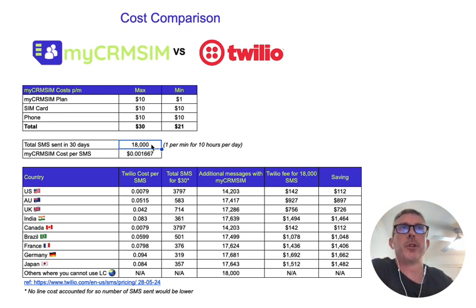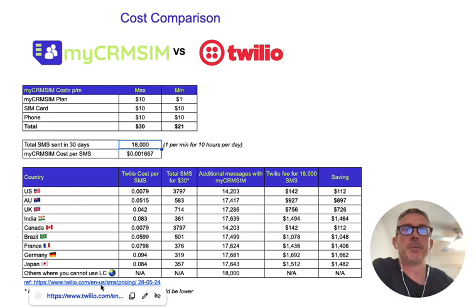And if we look at the cost for 18,000 SMSs per month at $30, it works out to be a little bit over a tenth of a cent per SMS. Very cheap. Now, these numbers here, the cost per SMS, are all from the Twilio website and their pricing as of that date.